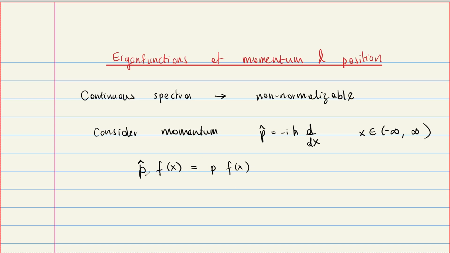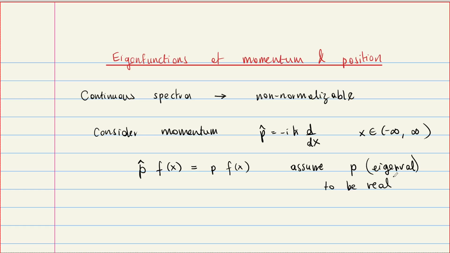And since we already showed p is a Hermitian operator, we proved it for the discrete case, but we are also going to assume the p eigenvalue to be real.